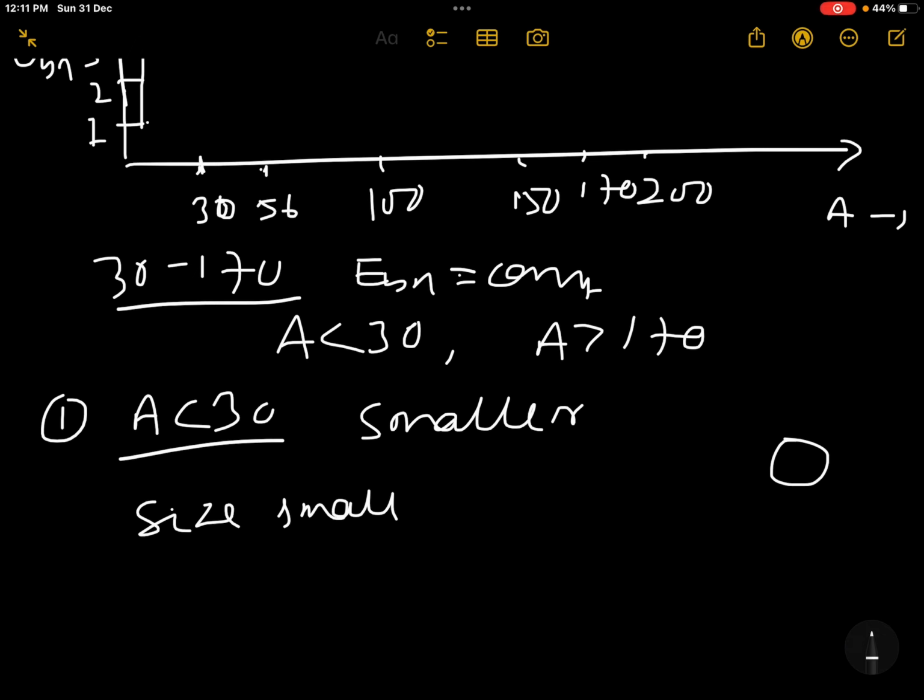Okay, so size is small. So in this case the neutron and proton are very close to each other. That's why the attractive nuclear force is dominating.